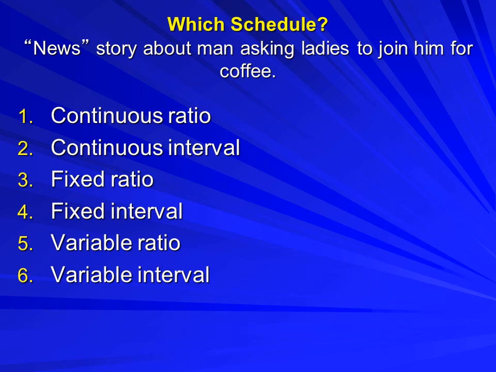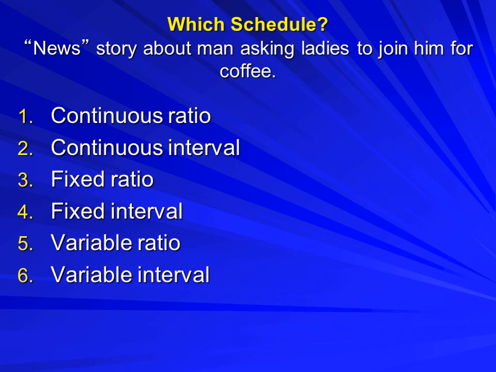They showed perhaps 20 attempts in which the women rejected his offer to go in and have a cup of coffee. The reporter went up to him and asked why he does this, shows this behavior if he hasn't been successful. His answer? Once in a while someone joins me for a cup of coffee.